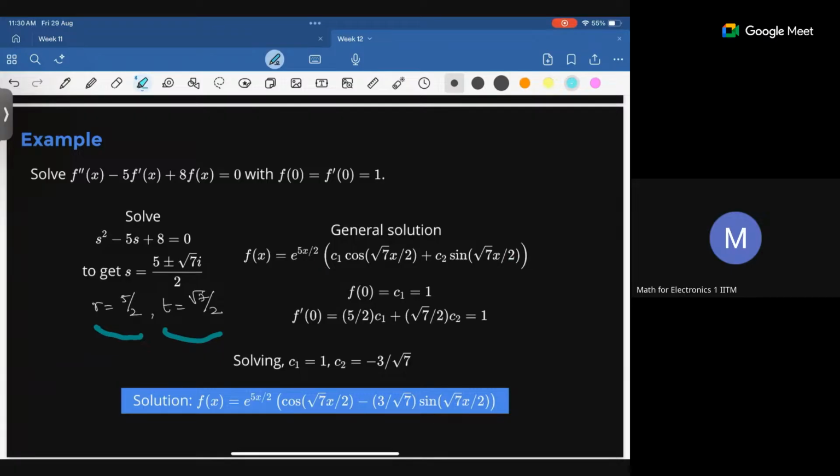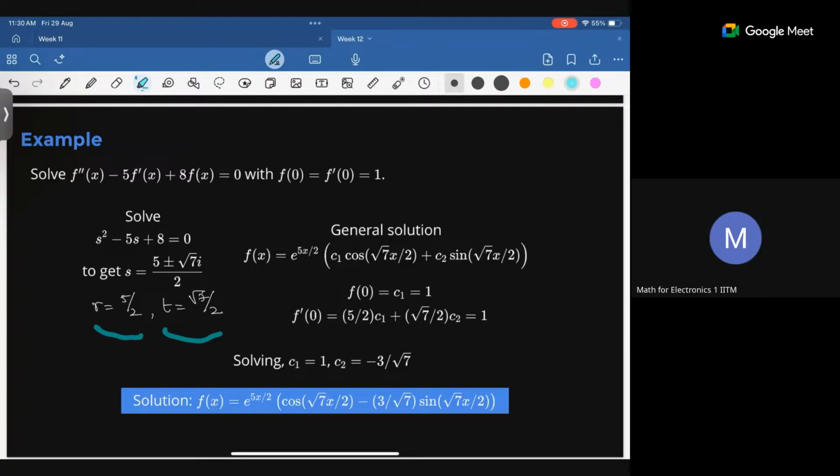Now substitute x equals 0 in that. You will get C1. Take the derivative and substitute x equals 0. You will get expressions in C1 and C2. Solve the equations again, you will get C1 and C2, and substitute them.